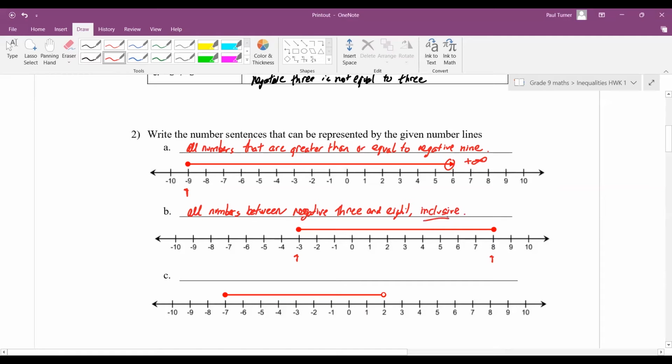I use this word inclusive because I'm including the last number and the first number. So I use the word inclusive for that. Think of that as being equivalent to including the end numbers.